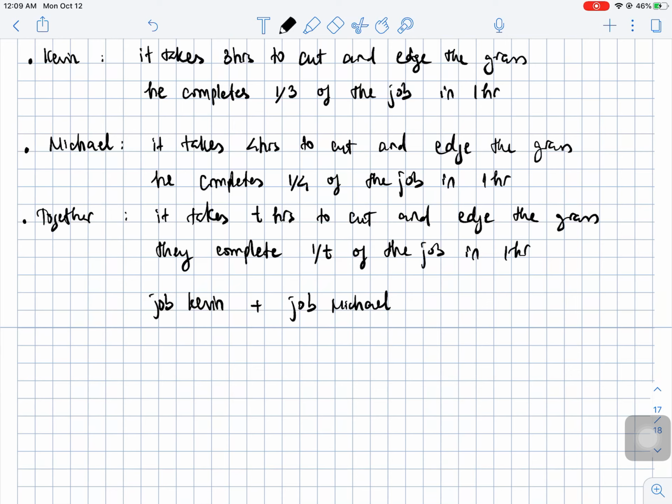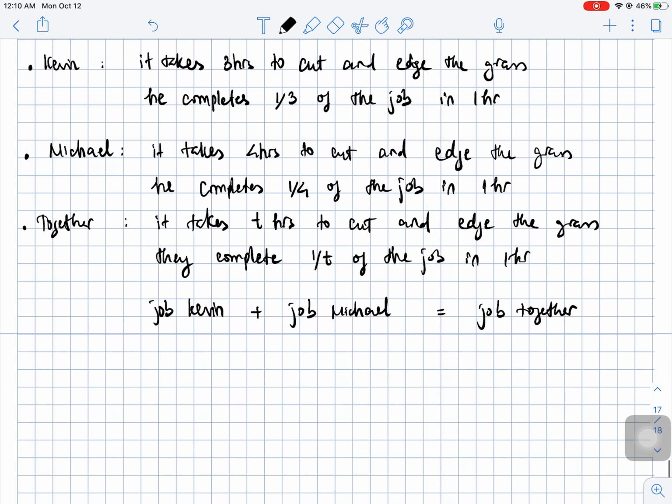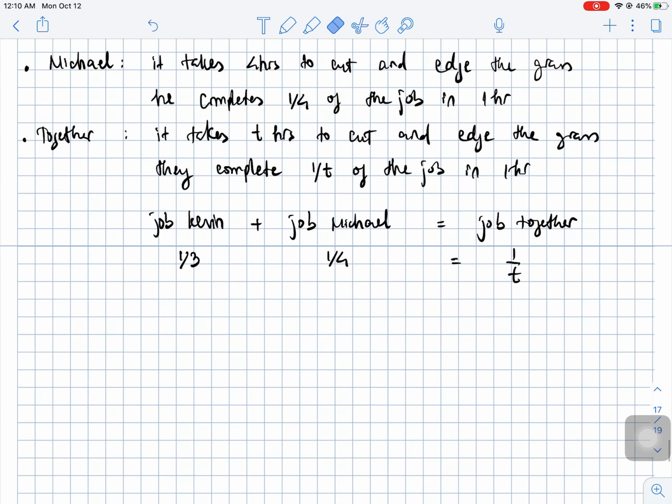The job of Kevin plus the job of Michael have to be equal to the job together. Now the job of Kevin is 1/3, the job for Michael is 1/4, and the job together is 1/t.